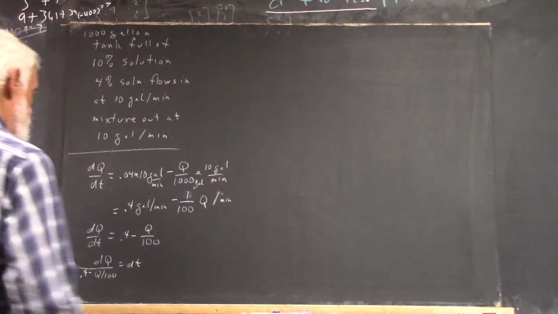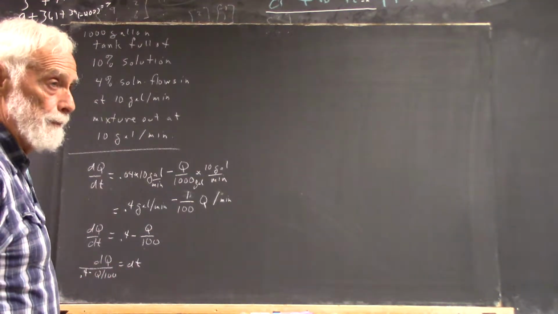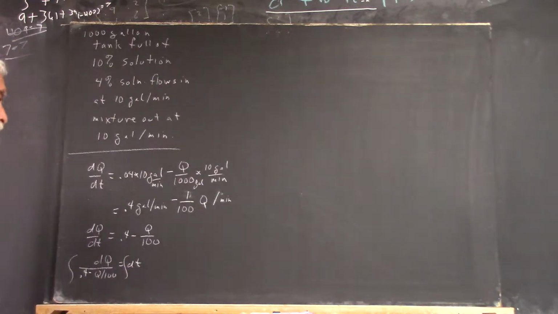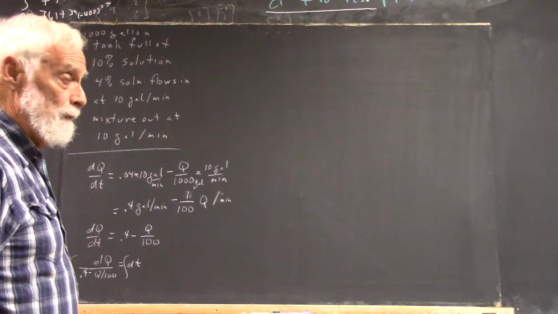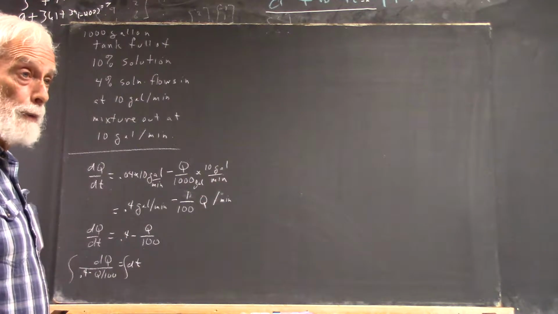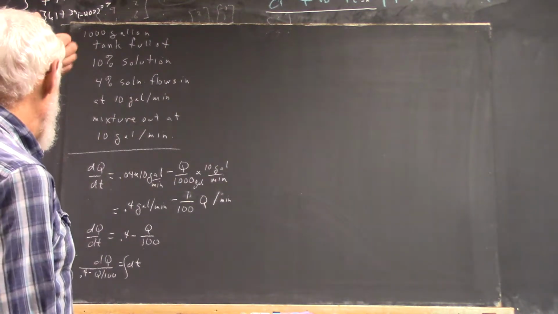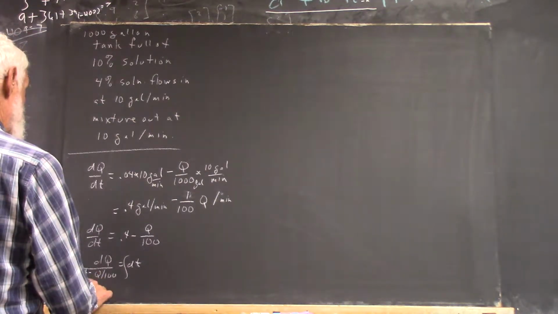dq divided by this equals dt. Equation's also linear, but it doesn't always turn out to be linear, so you really want to do it as a separable equation, and you end up with this integral. You're going to do the u substitution.